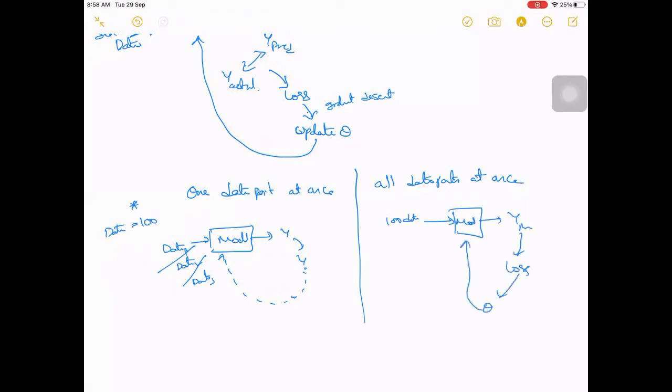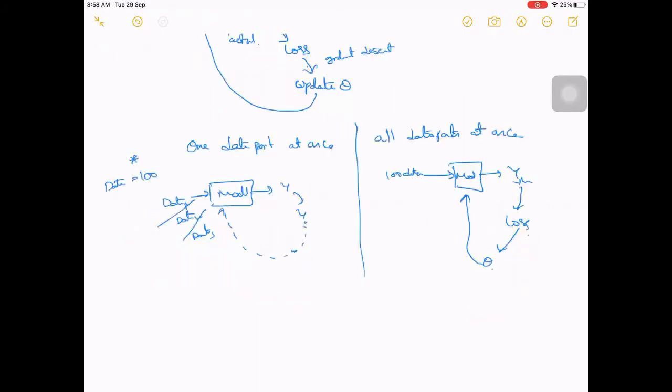If you send all the data at a time, it's over in one go. We get a vectorized value, then calculate the loss and theta. We have implemented this before. So this can be a scenario, or sending one point at a time can also be a scenario.